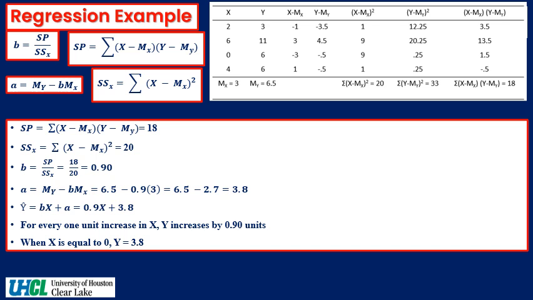So here is a very small example of those calculations. I don't necessarily want you to have to do all of these calculations, but I want you to see how intrinsically difficult the math can get. This is a data set that only has 1, 2, 3, 4 pairs of x and y.